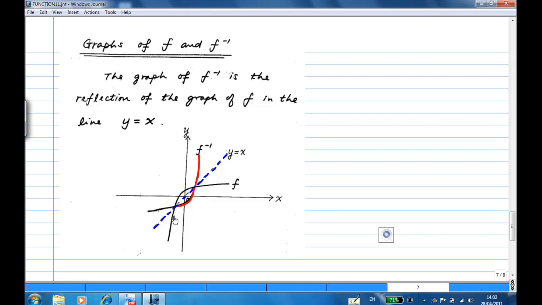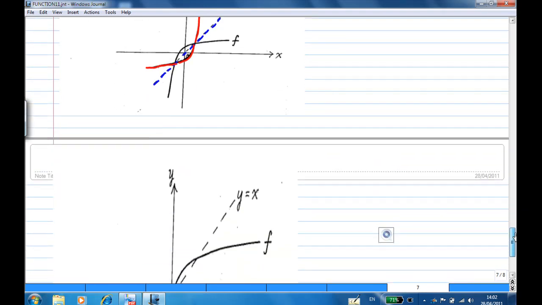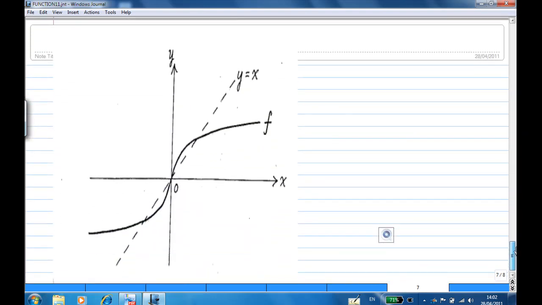and this piece of the graph after reflection will become here, and the red one will be the graph of the inverse function. Let's look at another case. This time we're going to find out what the graph of the inverse function is.